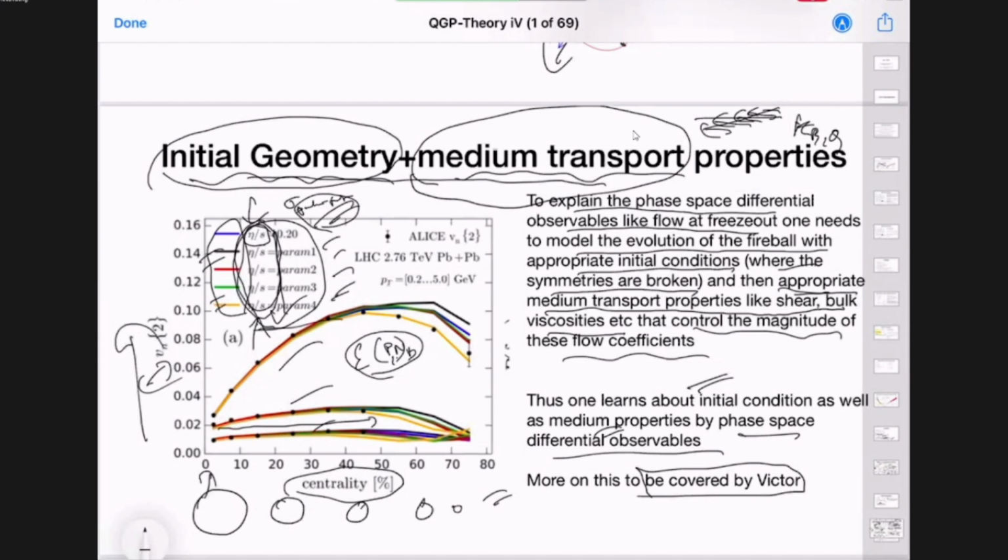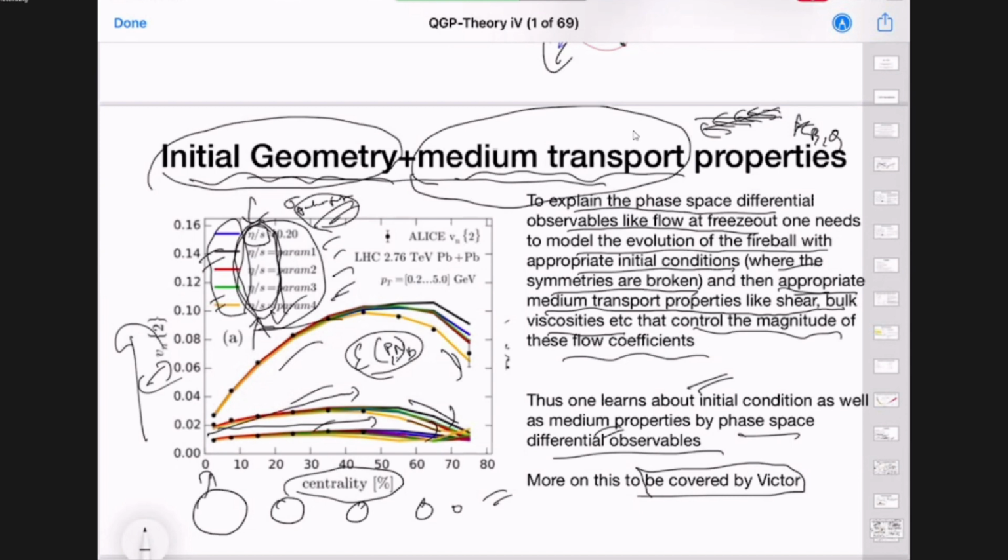But if you had plotted just V3, you would have clearly seen that what you are saying is true: as you go from central to mid-central collisions, there is a rise in V3 and all these higher order harmonics. Of course, in the end there is a fall, which tells that the collectivity itself is breaking down, because your scatterings are fewer as you go to the extreme peripheral.